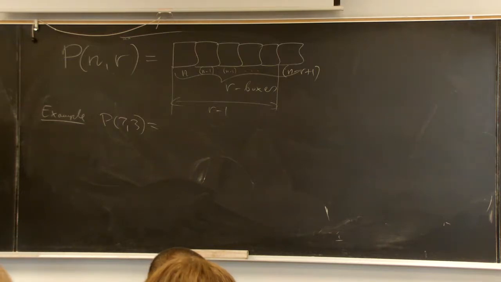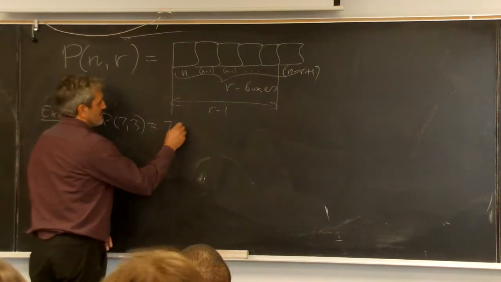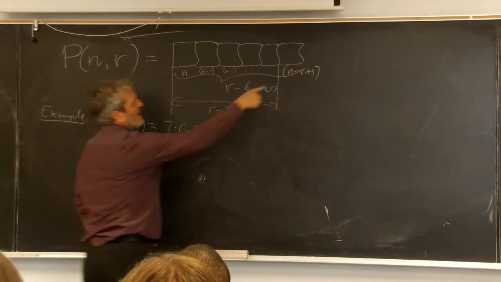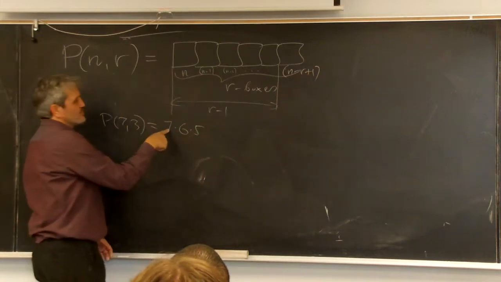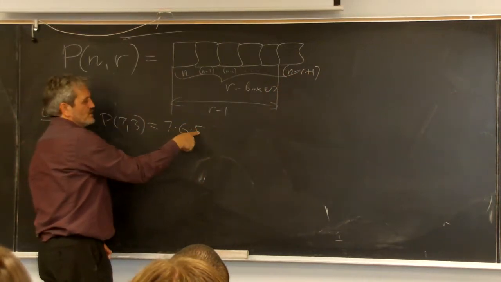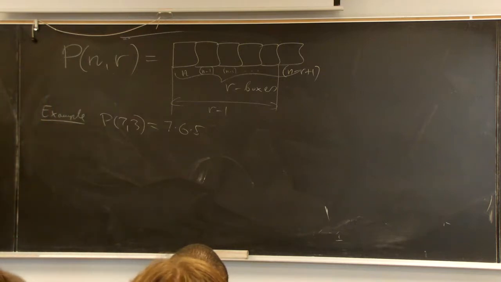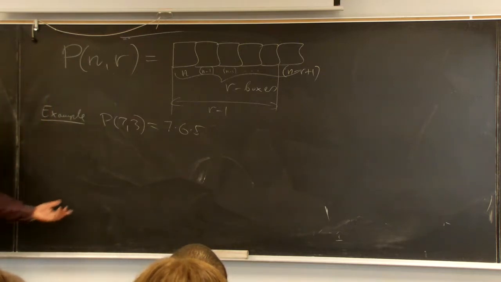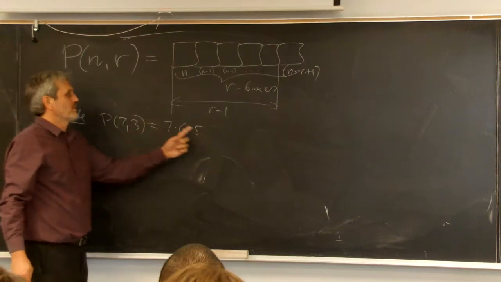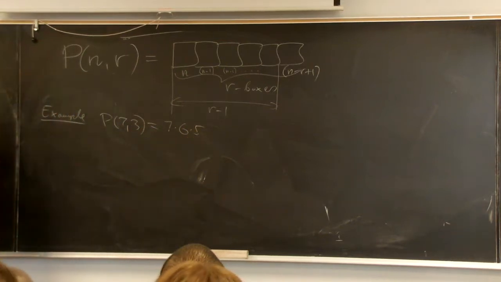So how do I do that? It's 7 times 6 times 5. You don't have to plug it in and calculate this. I just do the count. 1, 2, 3. That's when you stop. When your count reaches 3, that's where you are. Or if you want to use the formula, 7 minus 3 is 4, plus 1 is 5. That's what it is.